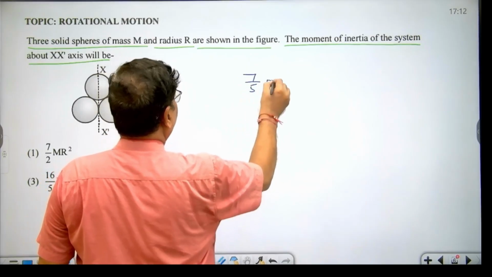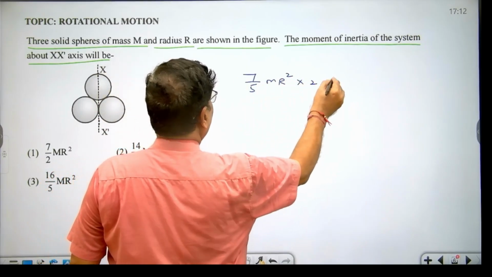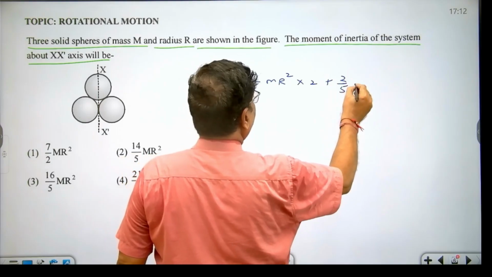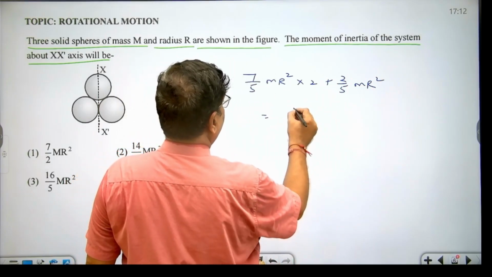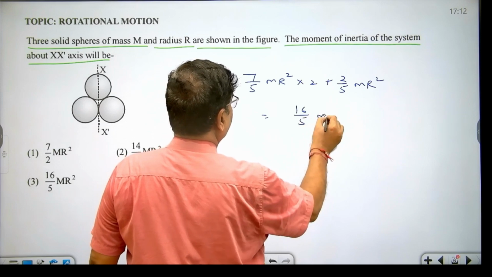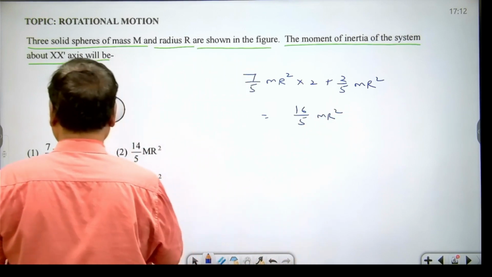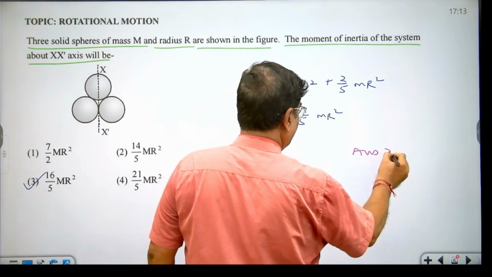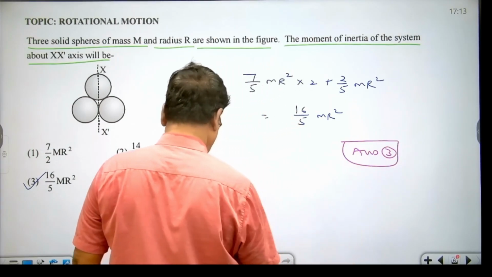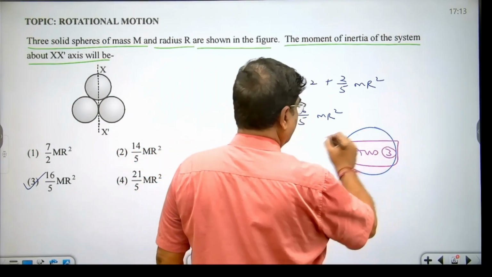So 7 upon 5 mr square into 2 plus 2 upon 5 mr square. Why 2? Because there are two spheres. So 14 plus 2, 16 upon 5 mr square. This is the answer. Out of 4 choices, the correct choice is option 3.